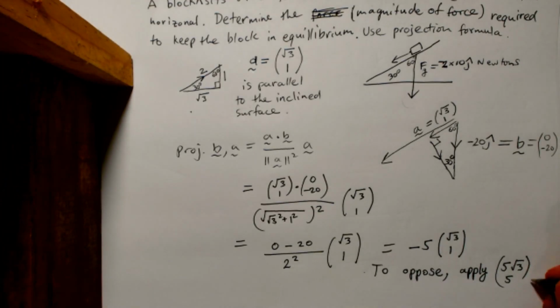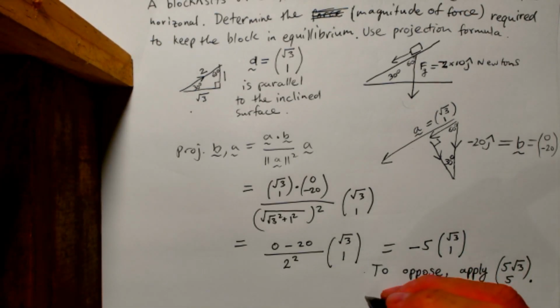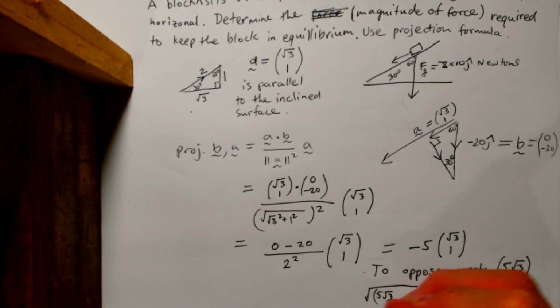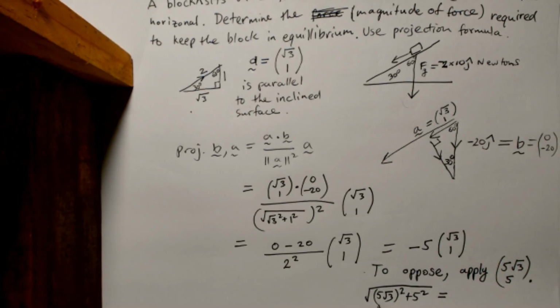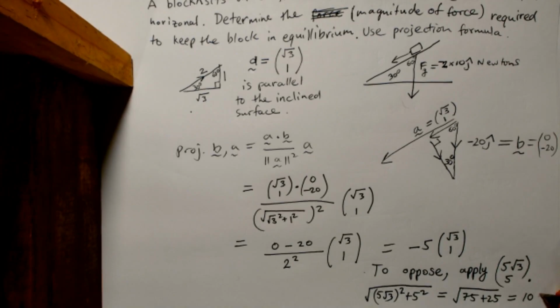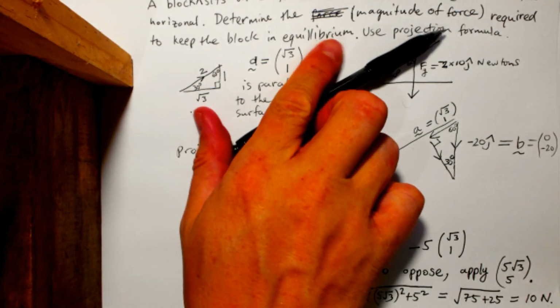Okay, but we want the magnitude of this. So the magnitude of that vector is the square root of 5 root 3 squared plus 5 squared. So that's 25 times 3, which is 75, plus 25. They add up to 100, so the square root of 100 is 10 newtons. So I would have to apply 10 newtons there.